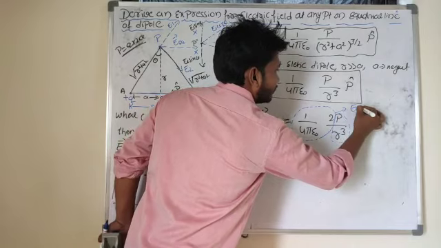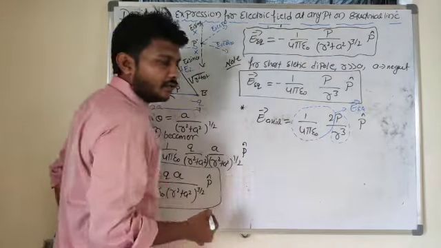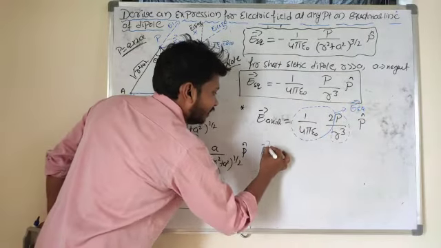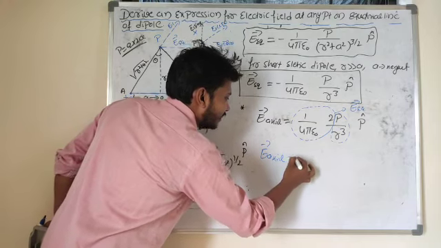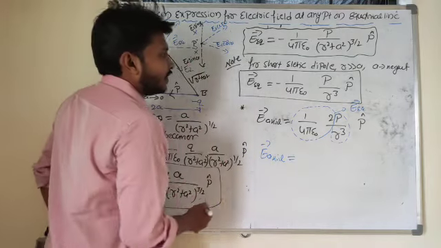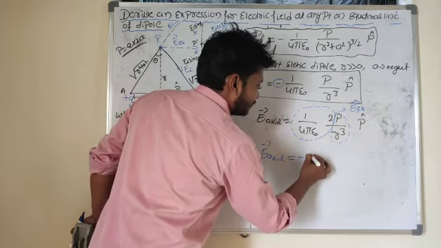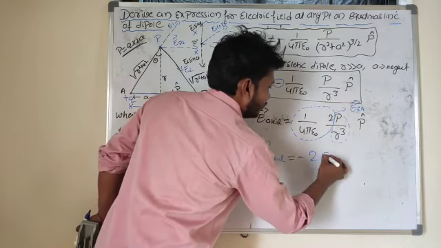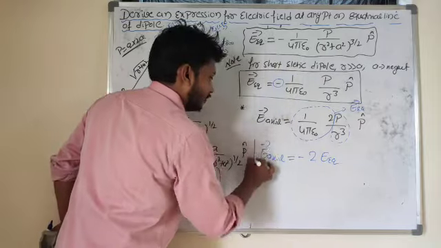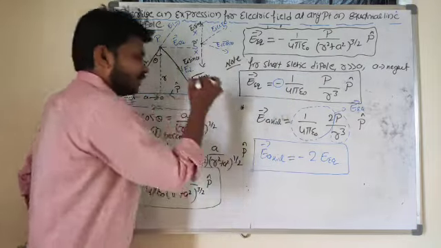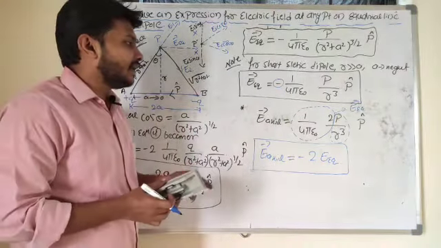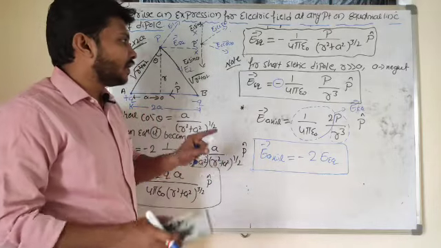Shall I consider this equation as electric field at equatorial line? Then electric field at axial is equal to what? Since the negative sign is there, it is equal to minus 2 times electric field at equatorial line.